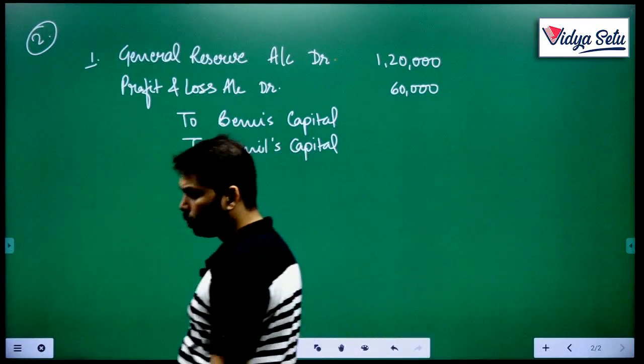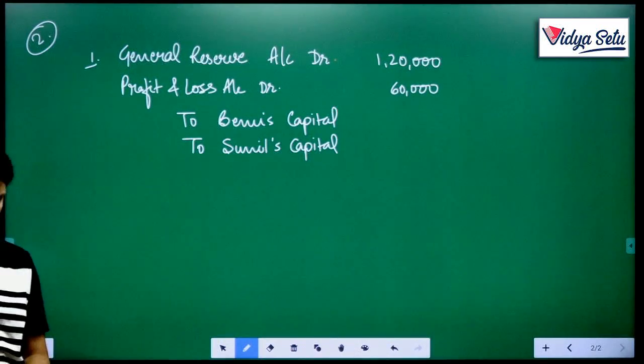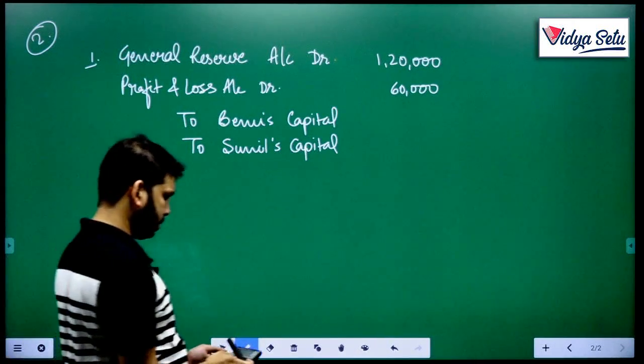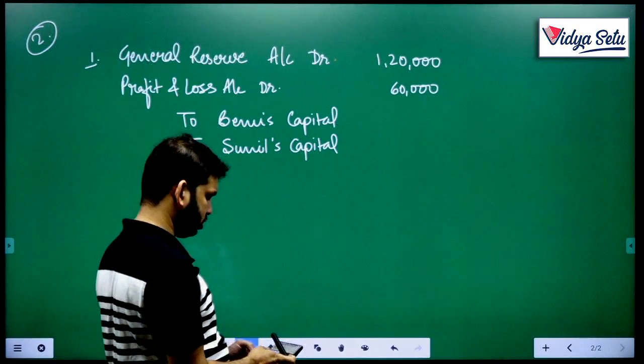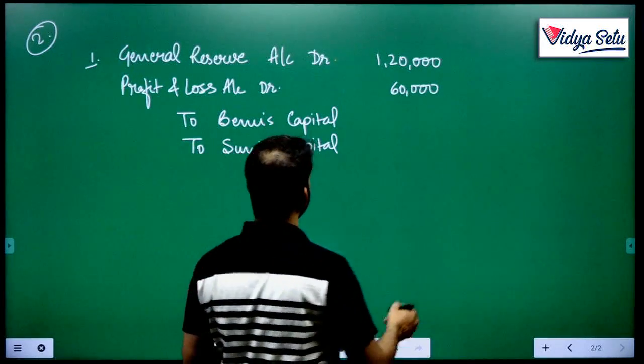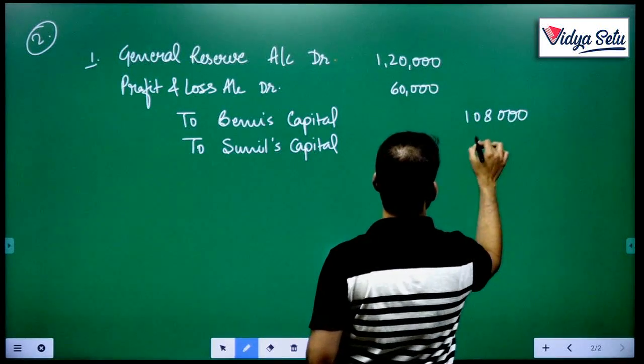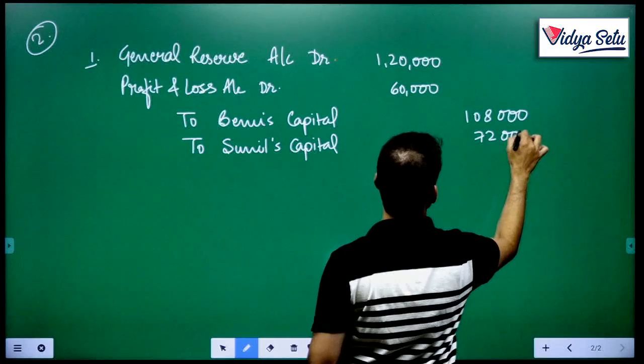If I want to divide 1,80,000 in 3:2, so 1,80,000 divided by 5 into 3, 36,000 into 3, 1,08,000 and 72,000.